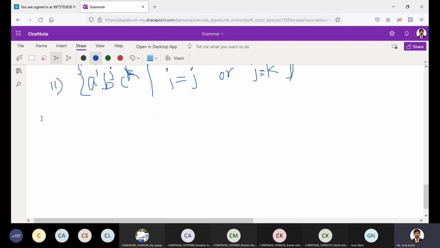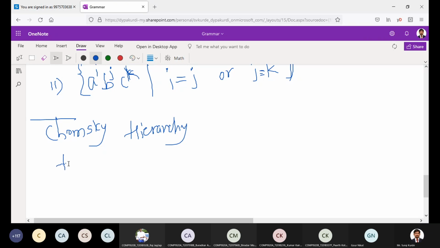Okay, next point. Chomsky hierarchy. So there are 4 types of grammar or 4 types of languages. Type 3 grammar is the regular grammar.